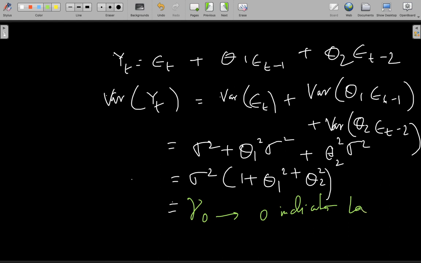Now, if I extend this to an MA series of higher order, it can be of qth order. It is going to be very simple, an extension of this model.